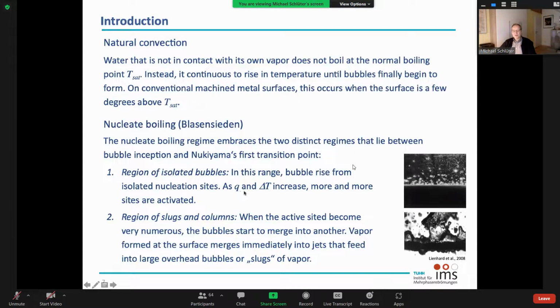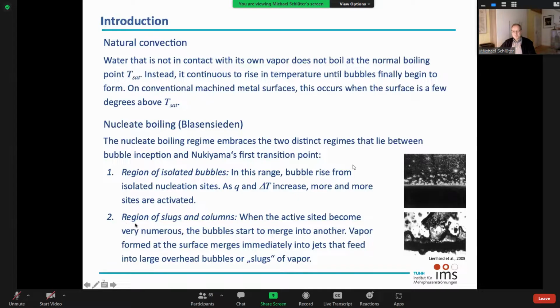And as Q and delta T increase, more and more sites are activated. I guess this is easy to understand. If we have a higher current, then more heat is transferred, and then we get more boiling situations here, more bubbling sites. So if we increase the current further, then we will transfer even more heat into the water, and this means that more and more vapor bubbles are appearing here.